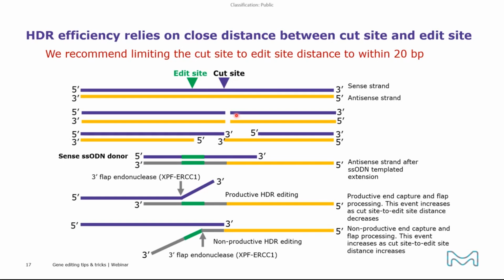After DNA double-strand break and 5' end resection, the chromosomal DNA 3' end can use the donor as a template for extension and copy the modification from the template to the chromosomal DNA. And after this extension step, there is an end capture and flap processing step.